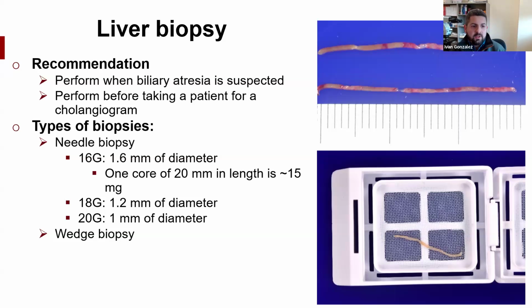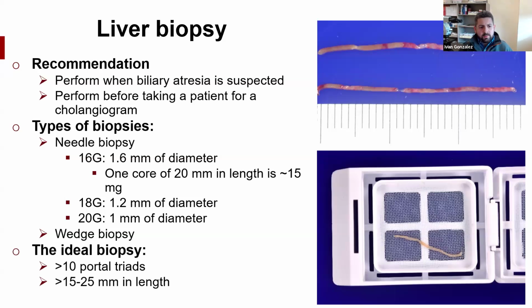So just getting half of a core of a 16G will be enough for those metabolic quantification studies. And what is your ideal biopsy? You want more than 10 portal tracts, and ideally, in a perfect world, 15 to 25 millimeters in length.